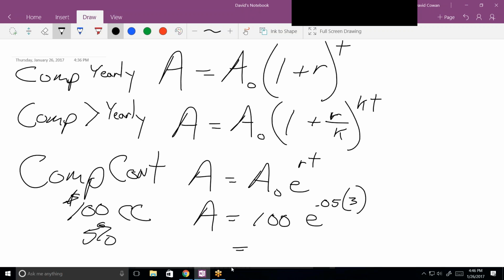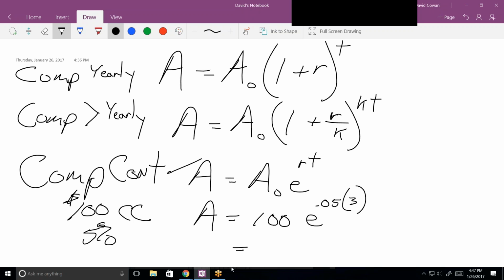And when you have decay, it's always continuous. Nothing decays on a yearly basis, although people will talk about, if you go buy a new car, you'll lose 20% per year in depreciation. Well, that's decay.